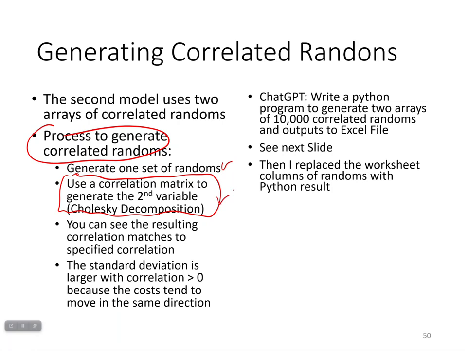That process to use the correlation matrix to manipulate the uncorrelated randoms is called a Cholesky decomposition. That resulting array then turns out to be correlated. All right. And then this kind of discusses why the standard deviation was larger than we thought with correlated randoms. So I went to ChatGPT, asked it to do that, and again, back to the code.